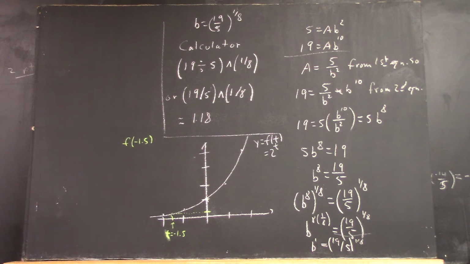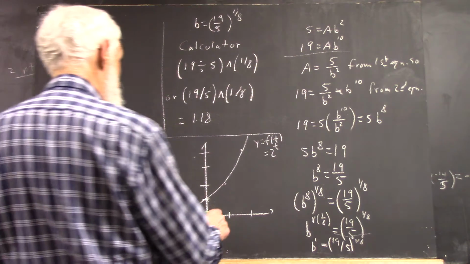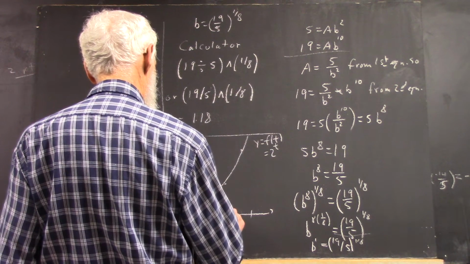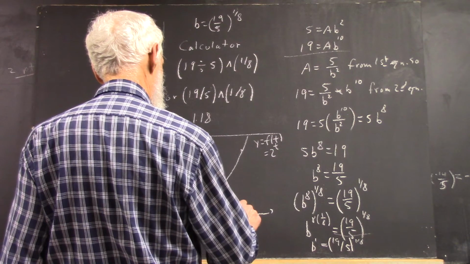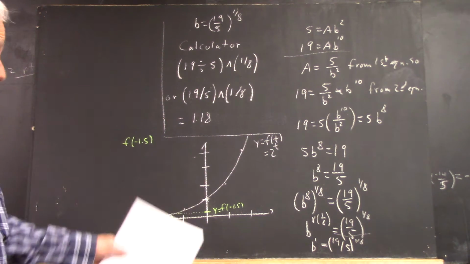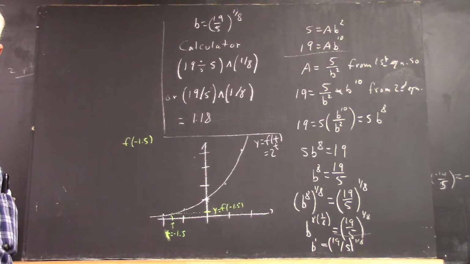Okay, there's a familiar picture. So here we have our value, y equals f of negative 1.5, right? And what do you estimate that value is? From my graph, 0.2 or 0.3 probably, right?